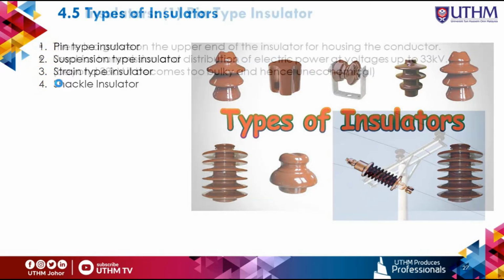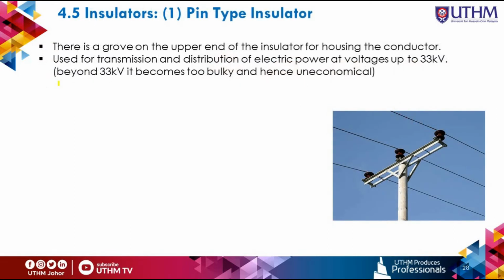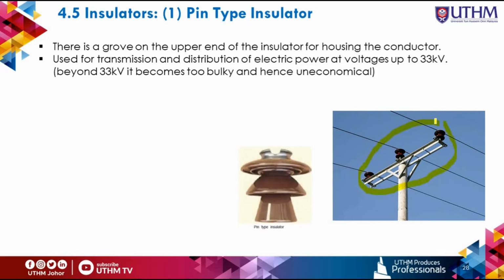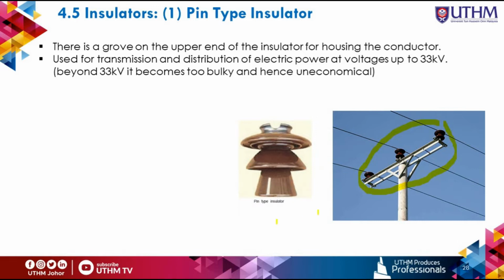So we look at the insulators one by one. The first one is the pin type insulator. This figure shows the pin type of insulator. As the name suggests, the pin type insulator is secured to the cross arm on the pole.